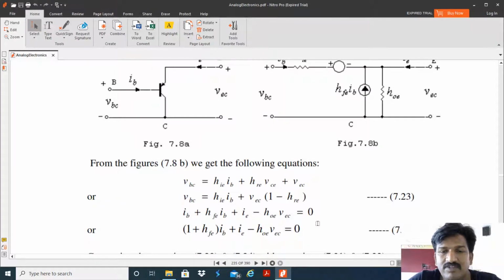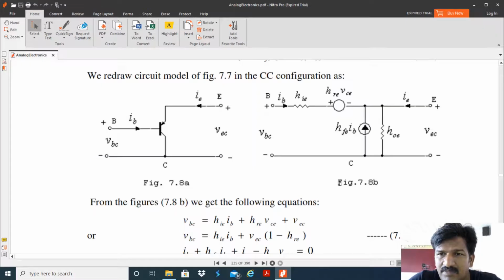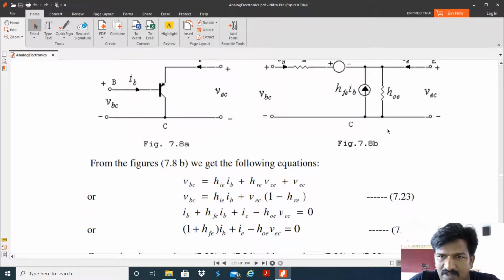minus HOE VEC. It means that you should understand the amount of current coming from the input circuit is IB. The amount of current coming from the current source is HFE IB. The amount of current coming from the output is IE. The amount of current going to ground through the HOE and VEC.